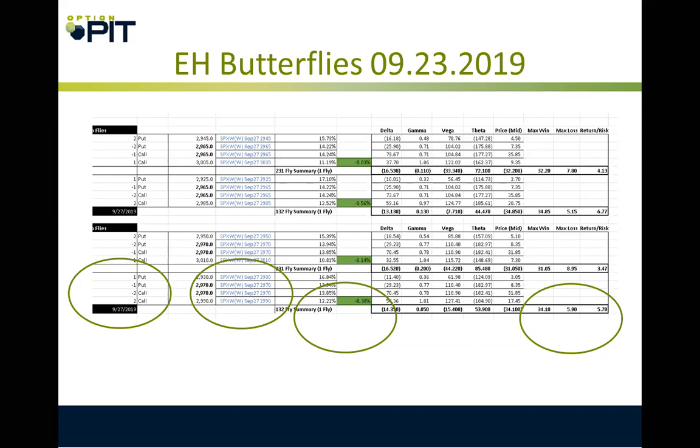That's about as far as a fly will go before it becomes an arbitrage opportunity. So this at 0.38 isn't as far as it could go, and it could go a little farther. But what that means is when you put it on, you're starting the clock running in the right direction.